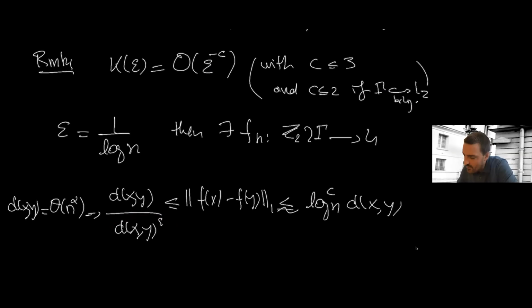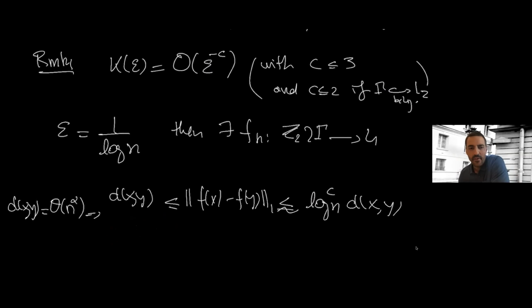So what you get is a lower bound like this, eventually with some constant. So this says that if you restrict your map to sets of diameter polynomial in n, well, then you get a bi-Lipschitz embedding with this distortion here, of log n, logarithmic in n.